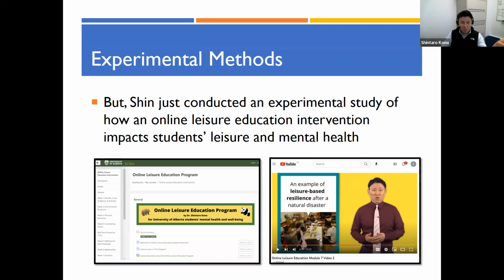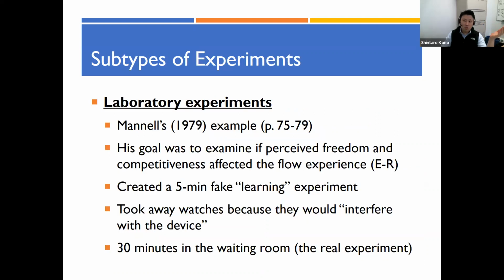Causality is key. Now the chapter talked about subtypes of experiments. One of them is laboratory experiments, which we don't do a lot these days. But anyway, Mannell's study is one of the classic ones. Roger Mannell, retired from the University of Waterloo, pages 75 to 79.